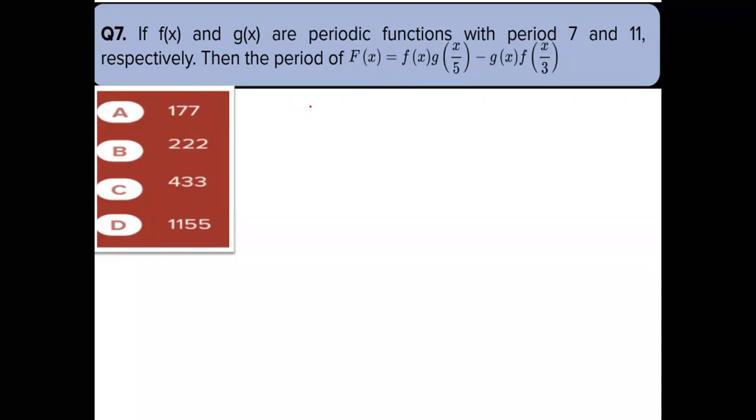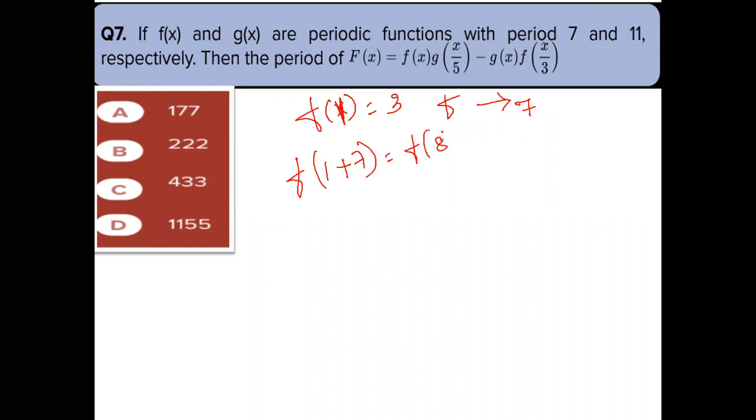For example, if the value of f of 1 is 3, and if I say the function f is periodic with period 7, which means if I add 7 to this, 1 plus 7, that is f of 8, even that will give me the same answer. That is the meaning of periodicity. After 7 values, the values keep repeating. That is nothing but a period.